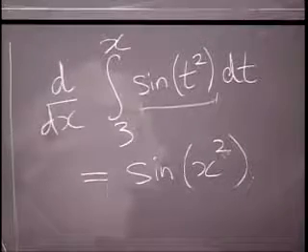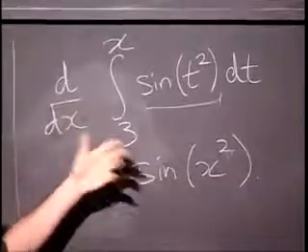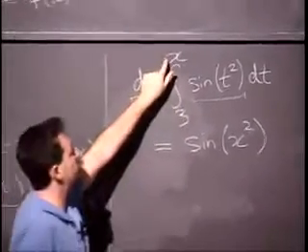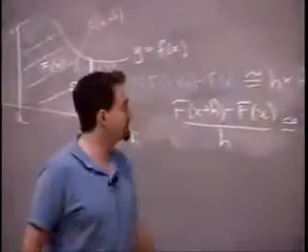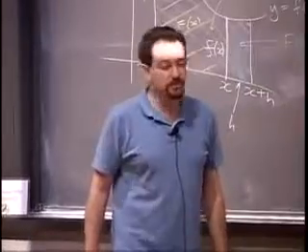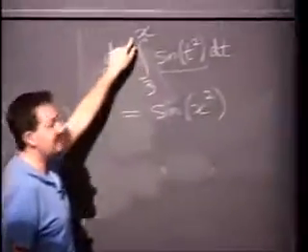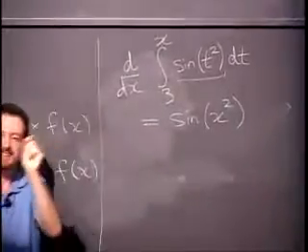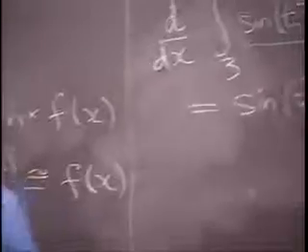Now, when I say you differentiate the integral, of course, it's not just any old integral. It's got to have the right-hand endpoint being the variable that you're differentiating with respect to. Okay, so this looks pretty weird. But all it says is, if I consider the area under this curve from 3 to x, and I wobble x around a little bit, then the change will be sine of x squared itself.